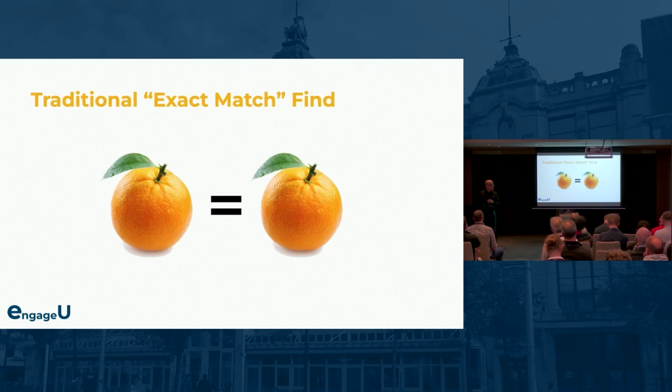So if you're using the traditional deterministic exact match find, your data has to be more or less identical to what you're searching, as you know. There are ways to drill down and do that kind of search using logical operators, numeric ranges, and wildcards. But at its core, this kind of search really relies on your data to be discrete and relatively clean.